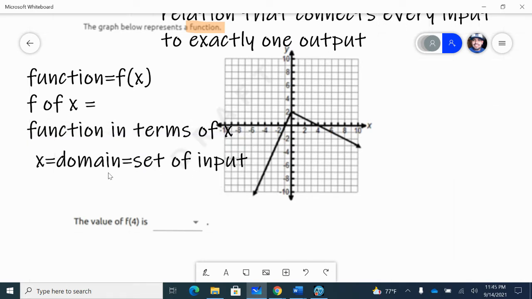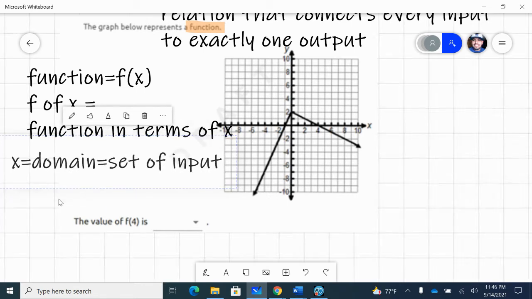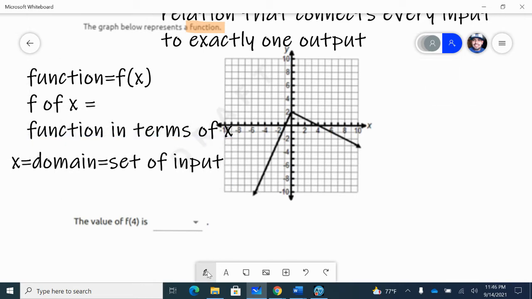What does that mean? If they want us to find f of 4, f of x is a function where x is my input and we get the output value. They want us to find the value, the output, when x is 4. That's what this is saying.